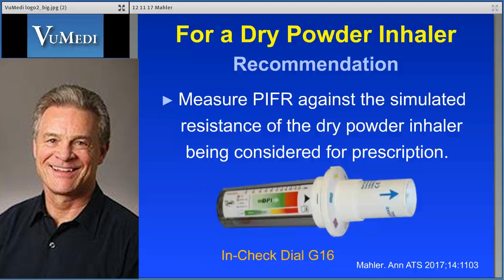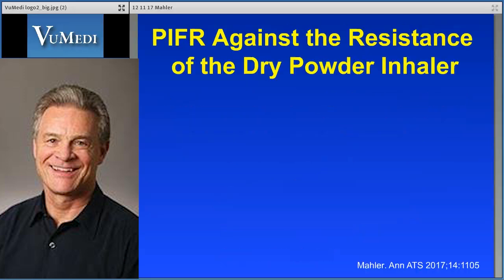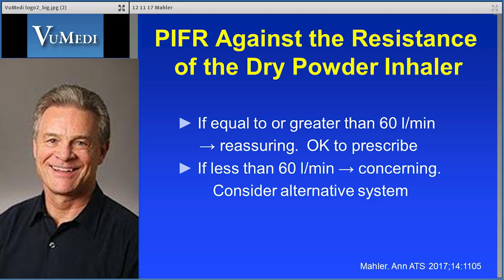For a dry powder inhaler being considered, the recommendation is to measure peak inspiratory flow rate against the simulated resistance of the dry powder inhaler being considered for prescription. If the peak inspiratory flow rate is equal to or greater than 60 liters a minute, it's reassuring and okay to prescribe the particular dry powder inhaler.